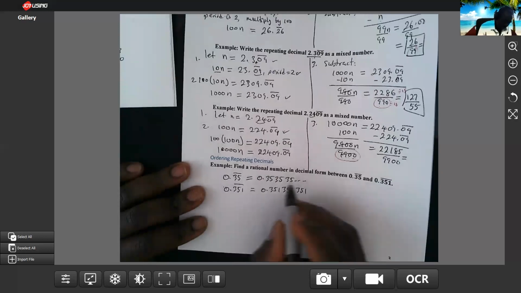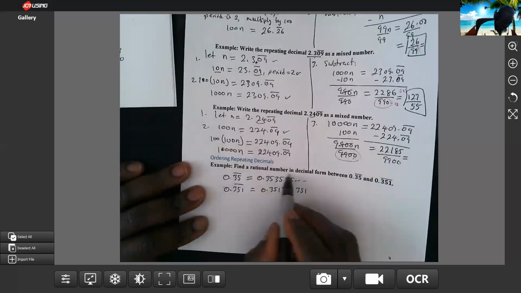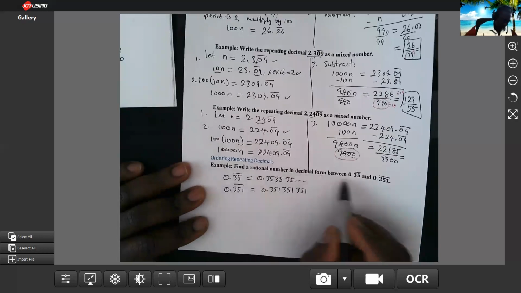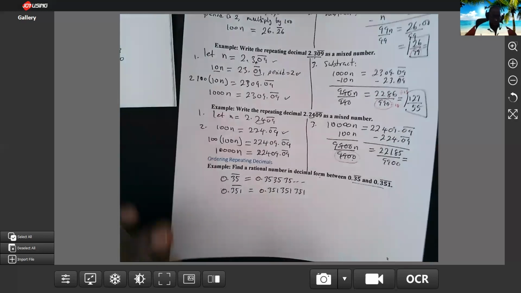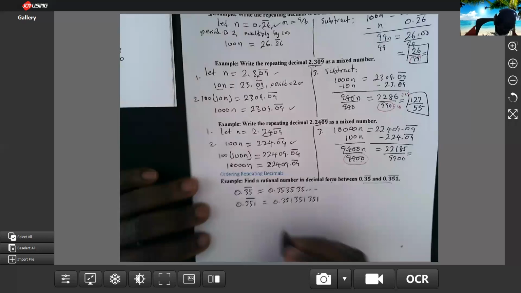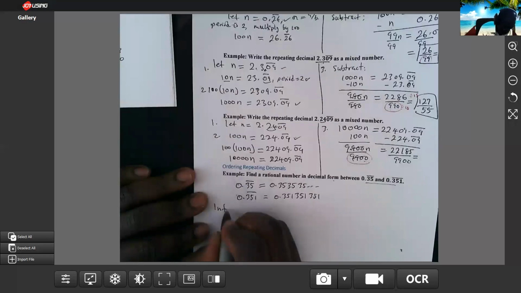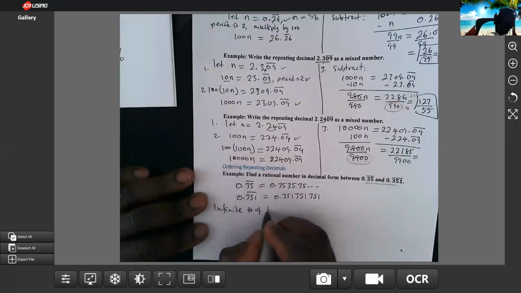I just want you to find a rational number in decimal form between these two. There are infinitely many decimals that we can write.